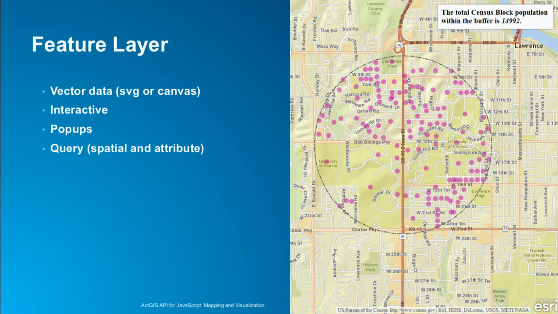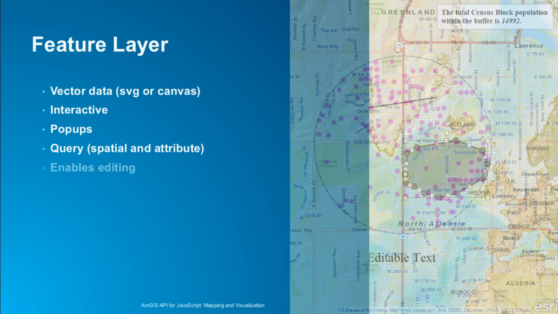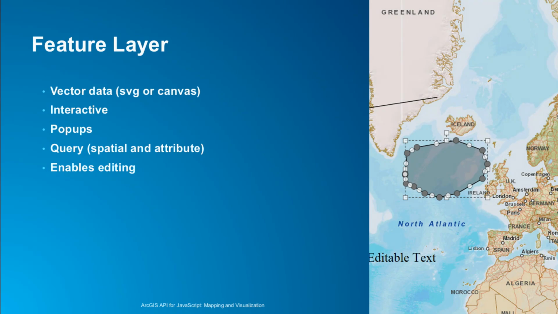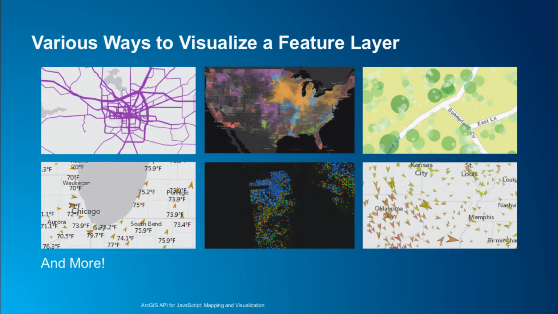You also can use the feature layer to query, so you can do interactive queries to pull back data and create those visualizations. It's also the gateway to doing editing, so you can work with features to edit it and then call apply edits on that feature layer, which will push it back to the service. But the main thing we're going to talk about today is the various ways to visualize a feature layer.